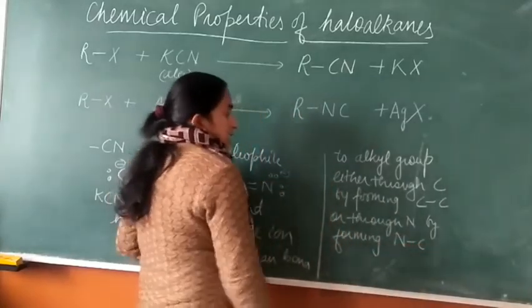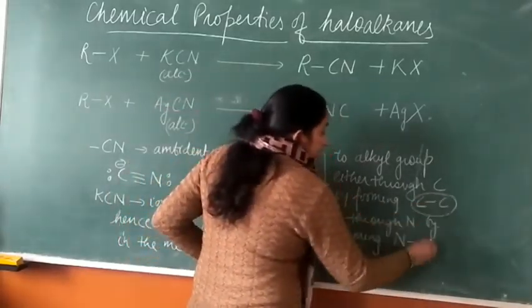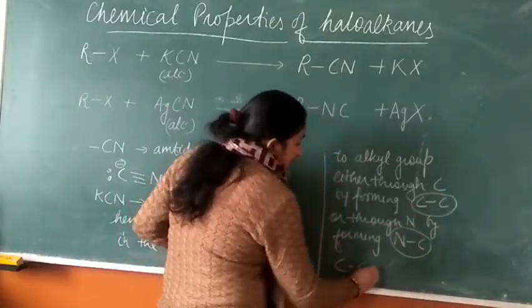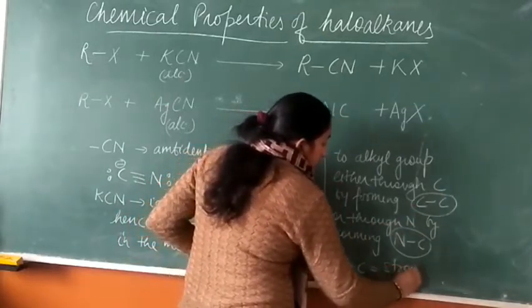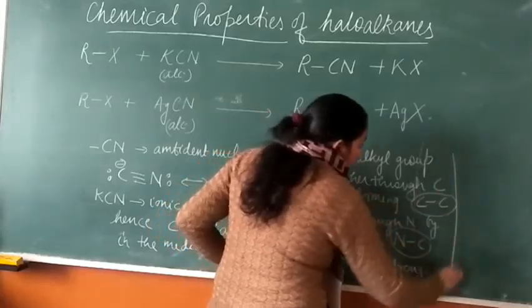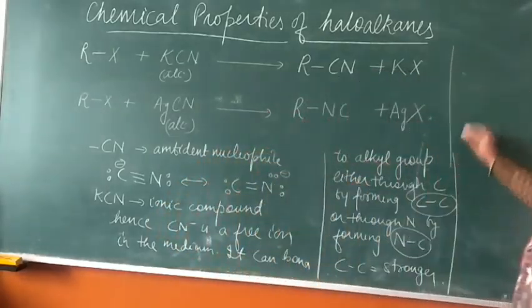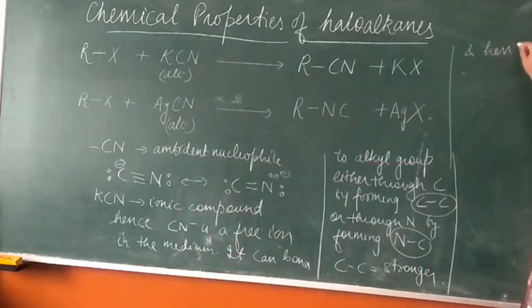Now among these two bonds, the C-C bond is stronger, and hence the group links through carbon, and therefore alkyl cyanide is formed.